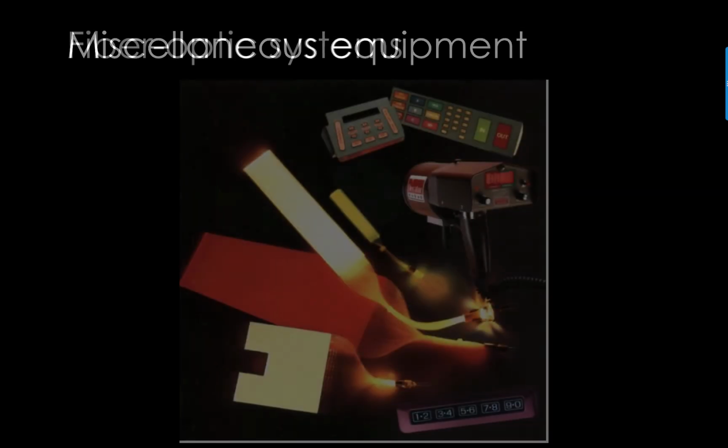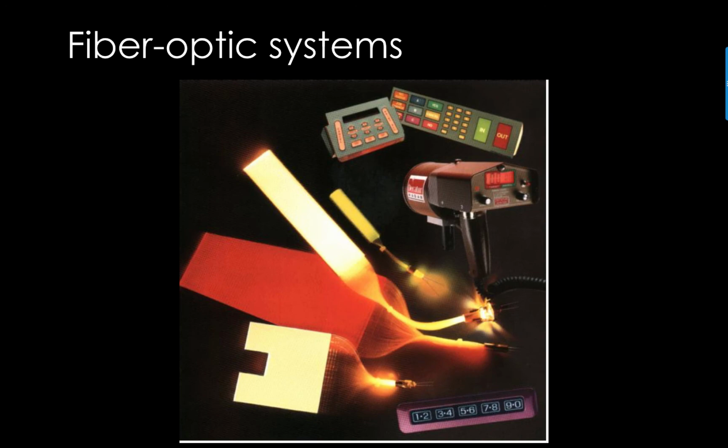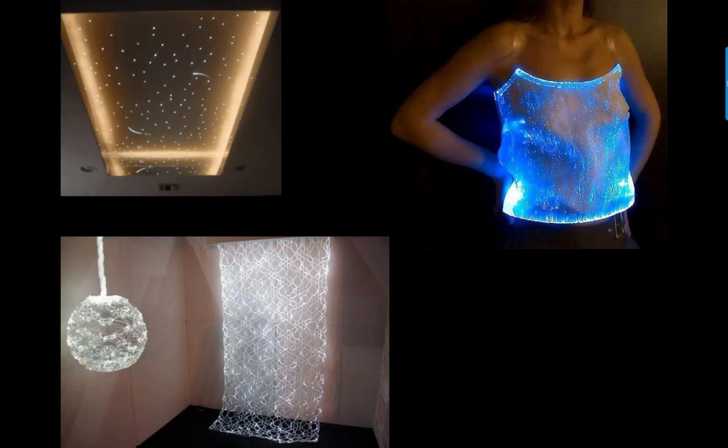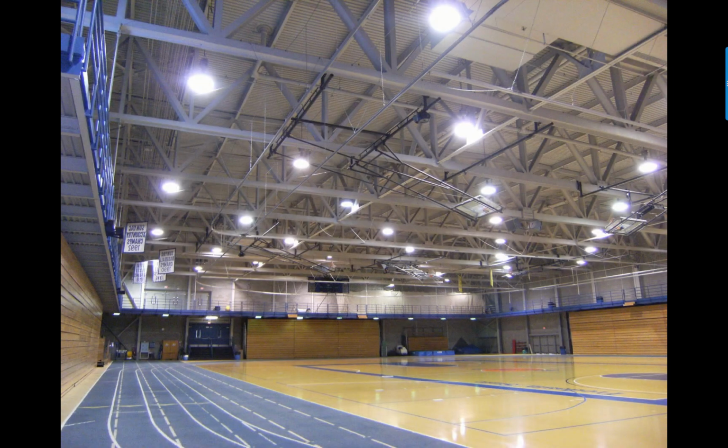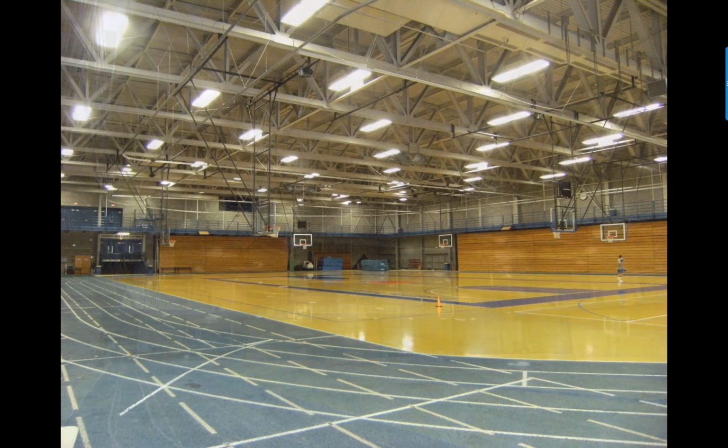They're in the book. Anyway, there's other miscellaneous equipment that you're going to see, including fiber-optic systems, which are really fun. They have all sorts of opportunities. And then commercial, industrial type of fixtures. Here's a gym with one type of fixture, a spot, and then here's more or less the same gym with linear fluorescent.